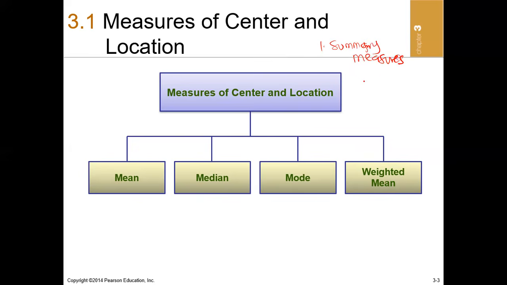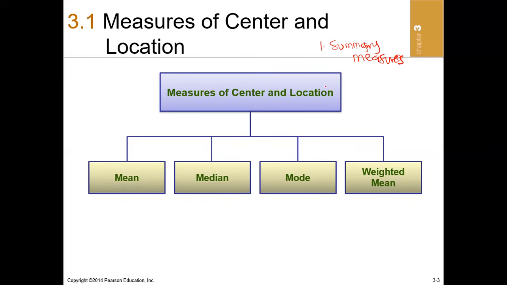So for instance, if I collect data on the scores obtained by students in a statistics test, and I want to describe that data, one of the simplest ways I can describe that data is to summarize the scores. Okay, so descriptive statistics basically is about summary measures, or what is known as the averages.